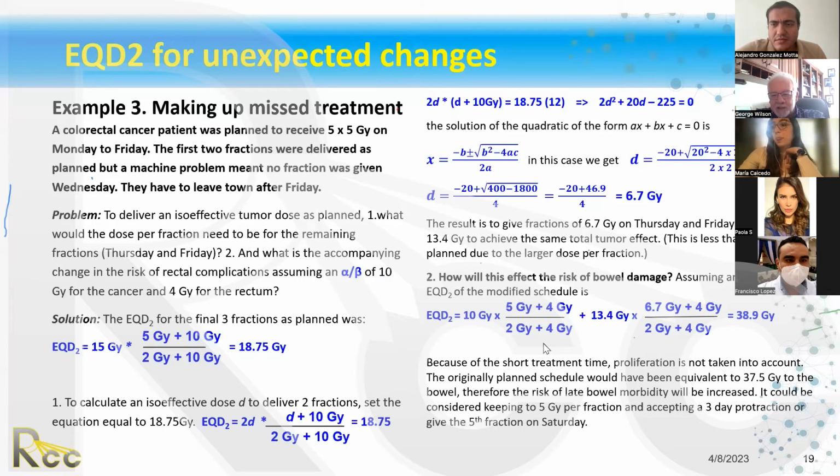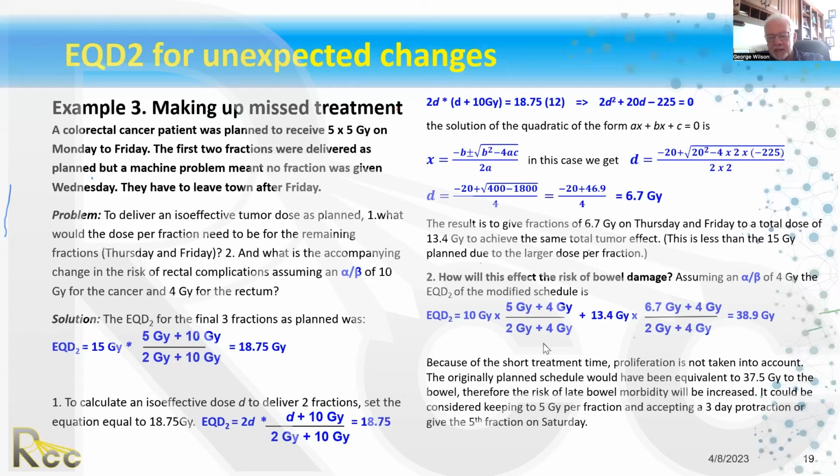It doesn't understand the tumor microenvironment, but the tumor microenvironment affects the way that the tumor responds. So, again, that's why the alpha beta ratio is just an approximation, and it's a generalization of the characteristics of all head and neck tumors. But as we know, they all respond differently.